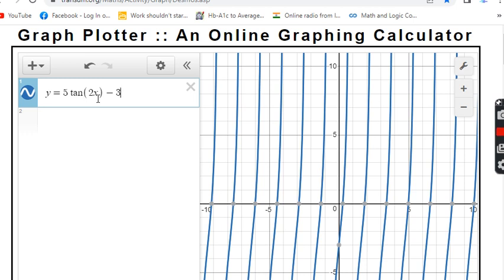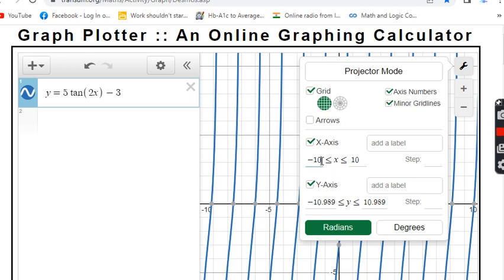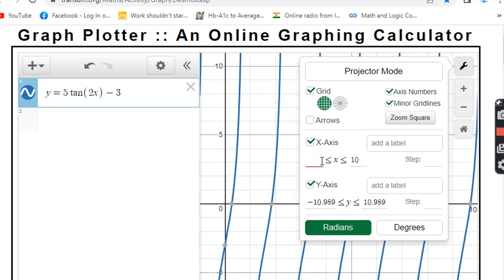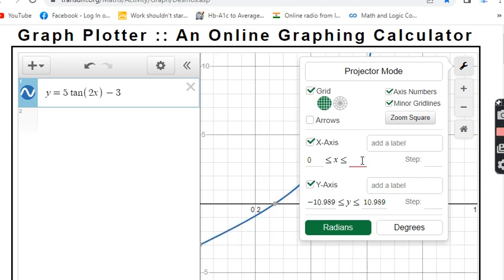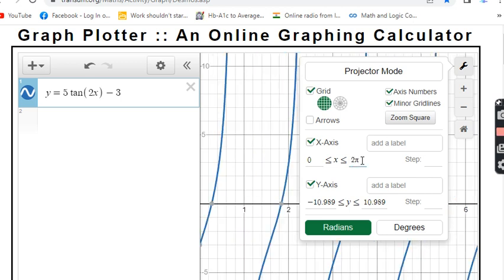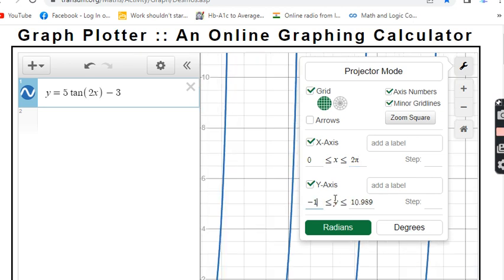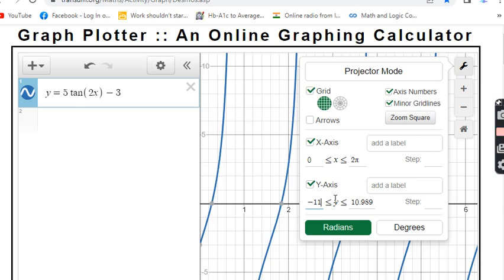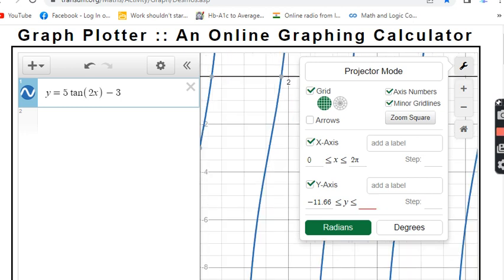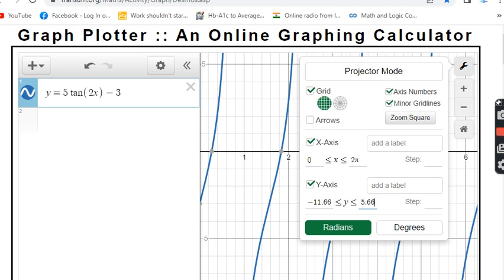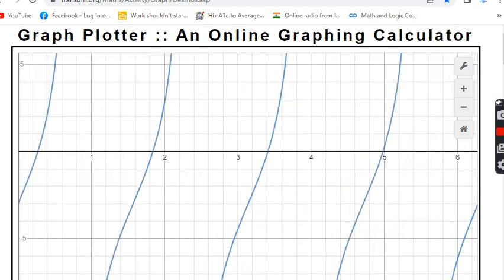And on the x-axis the values are from 0 to 2 pi. The minimum value of the graph is minus 11.66. The maximum value of the graph is 5.66. And our function is in radian.